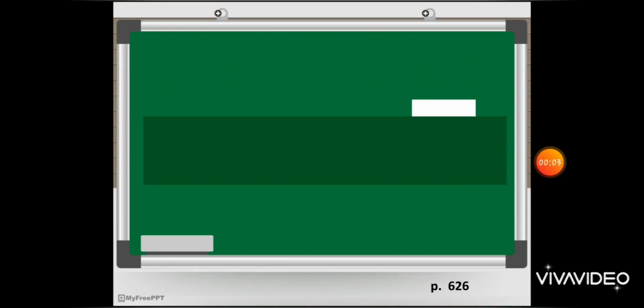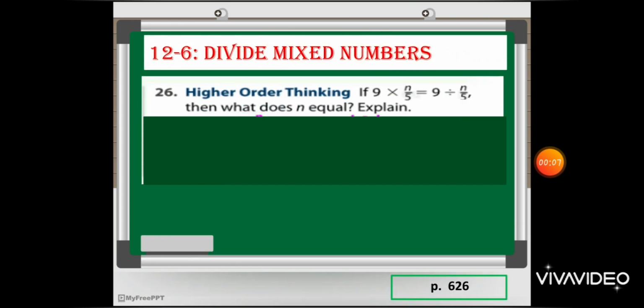Let's go now to number 25. It says there that if 9 times n/5 equals 9 divided by n/5, then what does n equal? Explain. So it only shows here that the multiplication equation is equal to the division equation. So we have to think of a number that we are going to multiply with 9 and at the same time divide 9 by, and the answer will be the same.